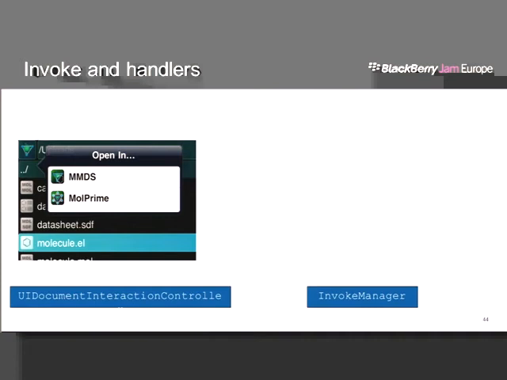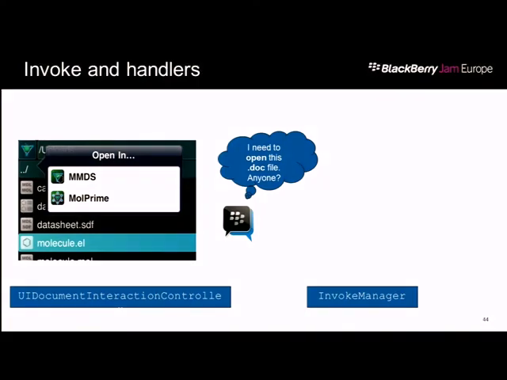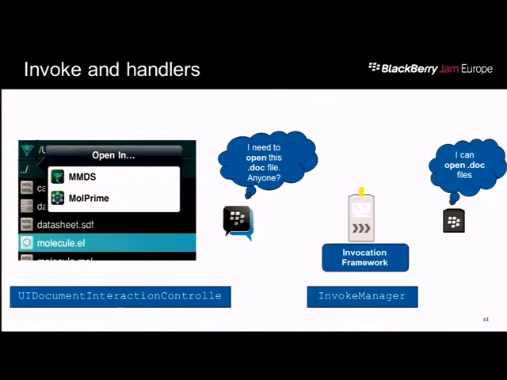On BlackBerry 10, we have inbound and outbound invocations. In an outbound invocation, the question is whether there is something registered to open a doc file. If there's a service registered to open a doc file, the invocation framework will determine what the service is, and then invoke the necessary application to open it.